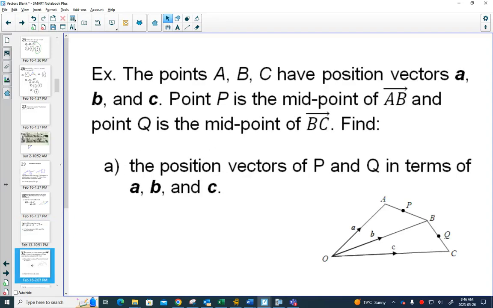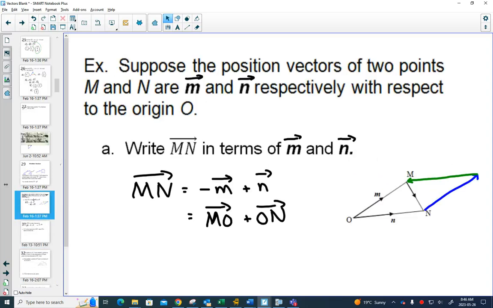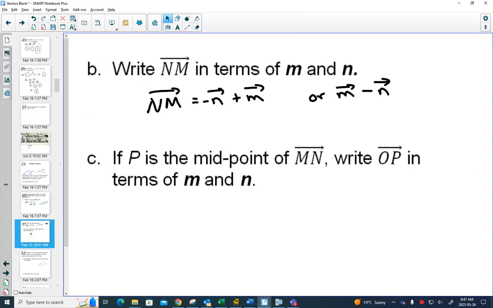So now, oops, we've got a point P right here in the middle, and you want to go from here to here. But again, your robot only travels along M and N. So, I want to go from O to P. What could I do?